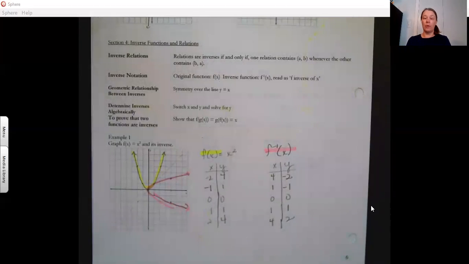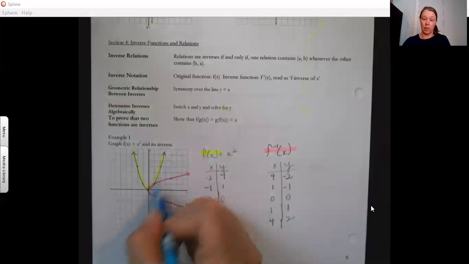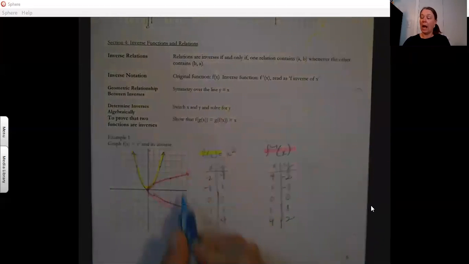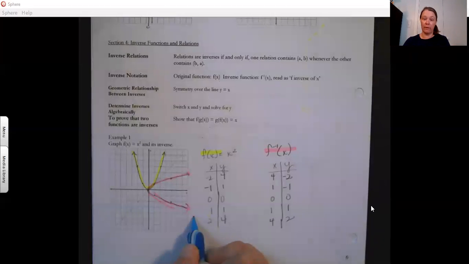Now another thing that we're going to be talking about here is whether or not the inverse of something is a function. So whether or not the inverse of what you started with is itself a function. So my initial equation that I was given, that is a function, right? It passes a vertical line test for every x value. There's exactly one y value matched with it. How about now for my inverse?